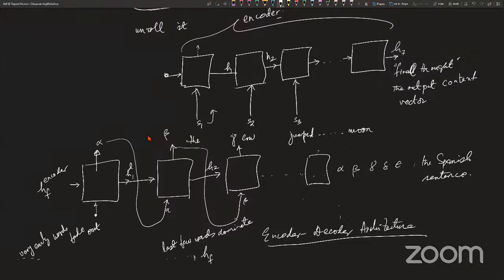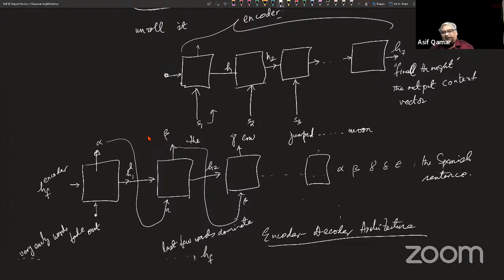Yes. It happens to us when we listen to stories as children, isn't it? Suppose there's a very complicated story, and somebody is told, we tend to remember the last part of the story, right?